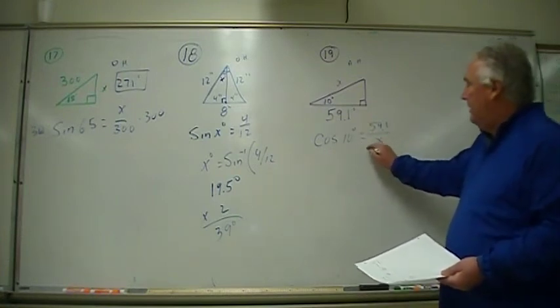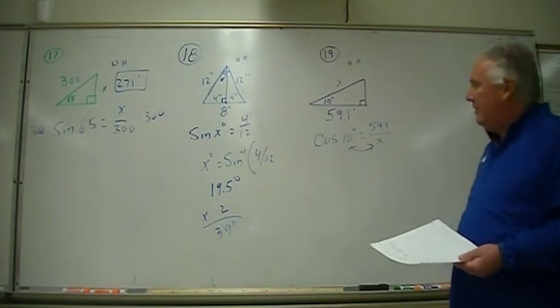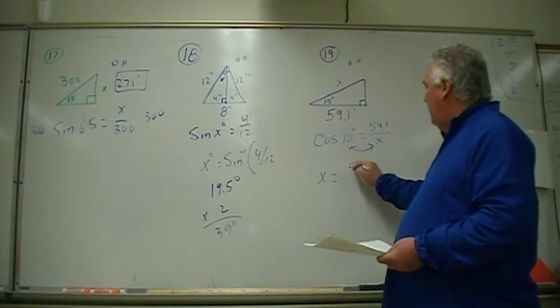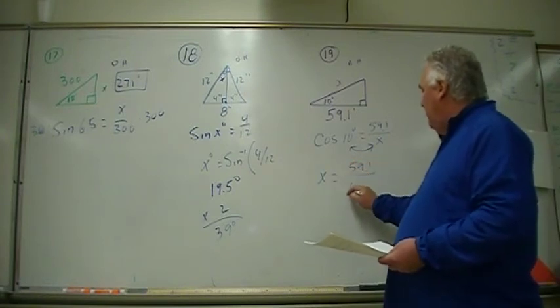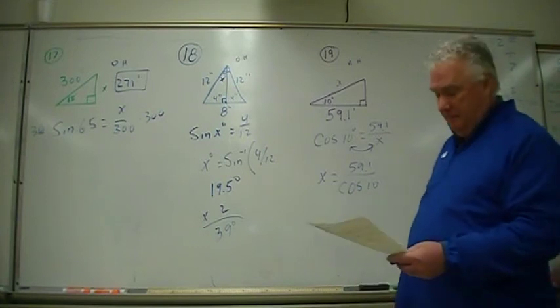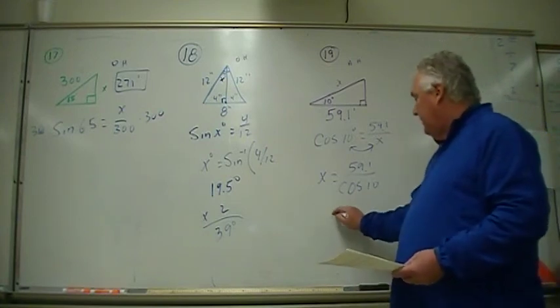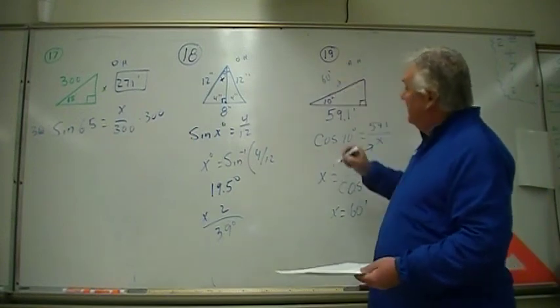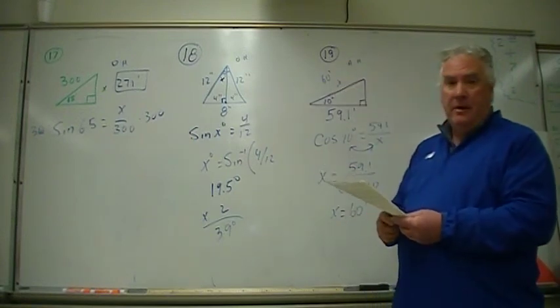The variable is here. Swap them out, right, Ruben? Swap them out. X equals 59.1 over cosine of 10. And x will equal 60 feet. It's a 60-foot escalator. All right?